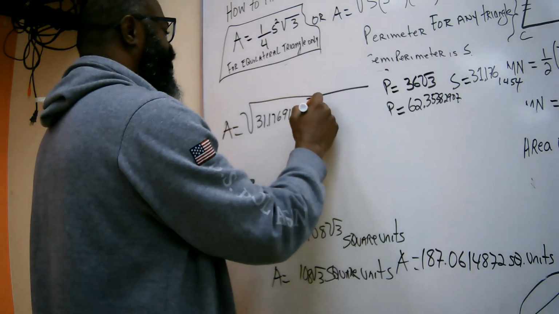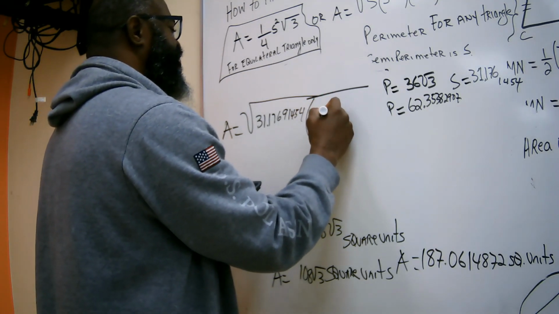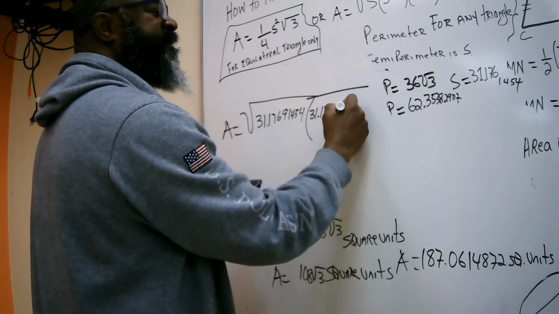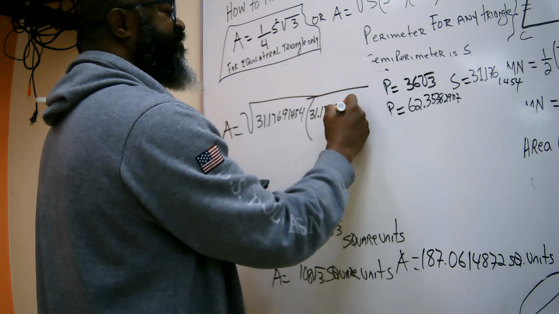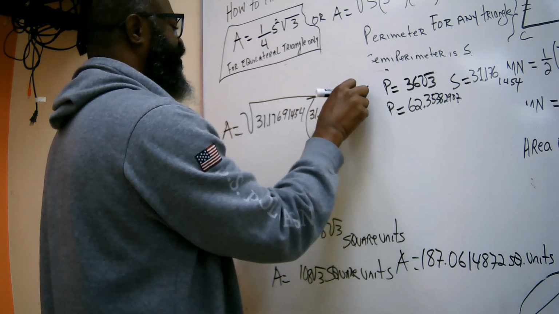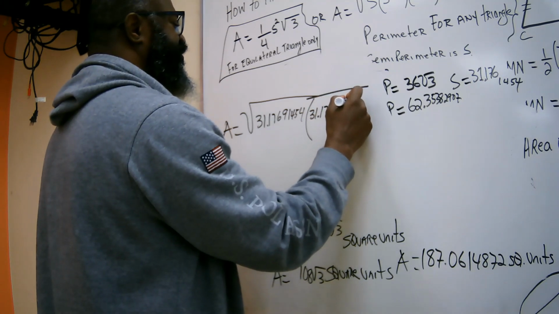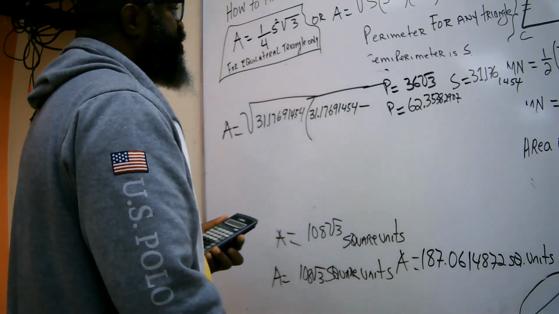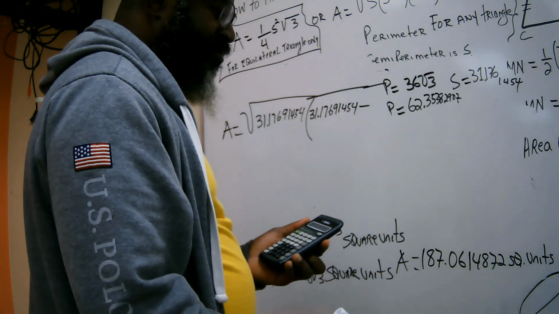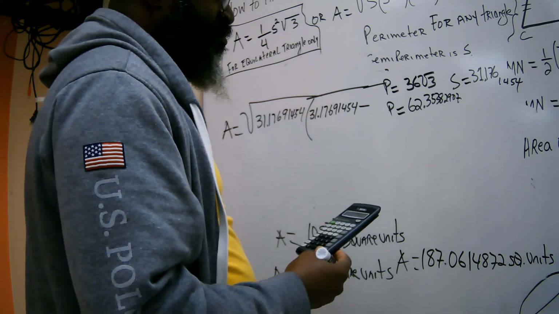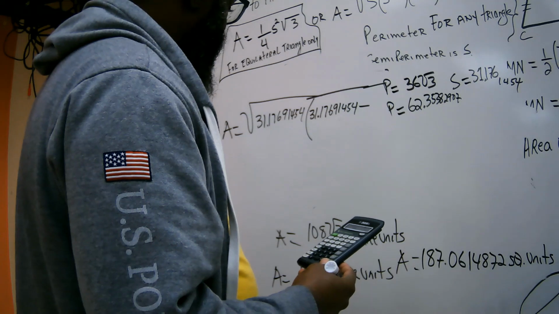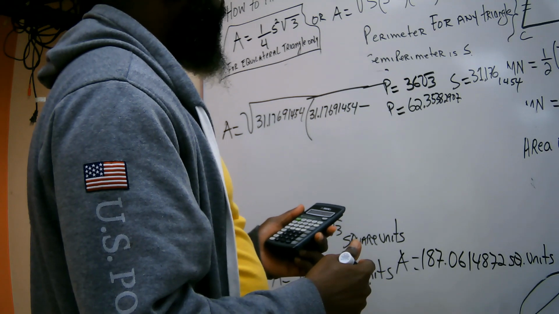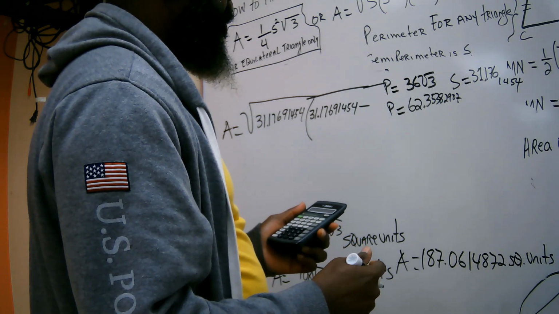That will give you 31.17691454 minus, and what was this side? 12 square root of 3.